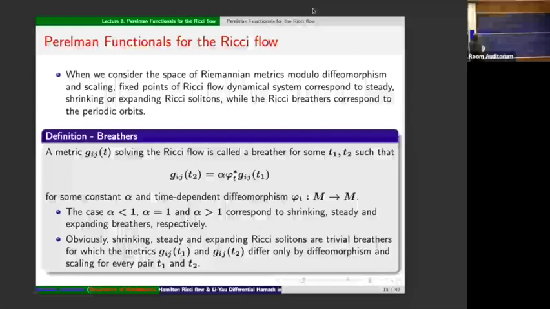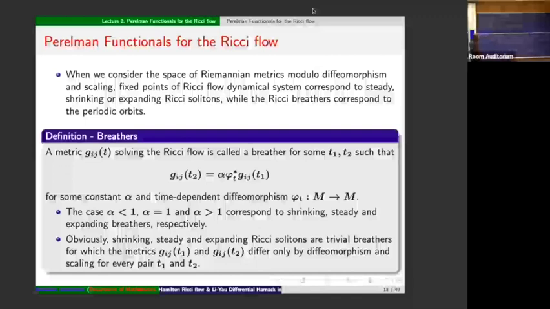So you are scaling the pullback of the metric g(t1) and this t2. This quantity defines what a breather is: any solution g(t) that can be written as this, where g(t) is a Ricci flow. This is called a breather.